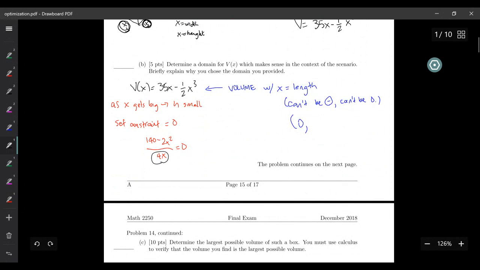All right, so if we multiply both sides by 4x, you're going to get a 0. So 140 minus 2x squared equals 0. 140 equals 2x squared. Divide both sides by 2. All right, so root 70 is the largest that x can be. That gives me my relevant domain.